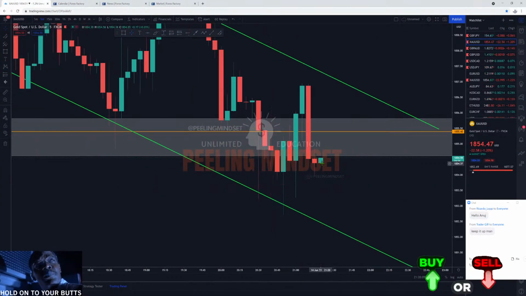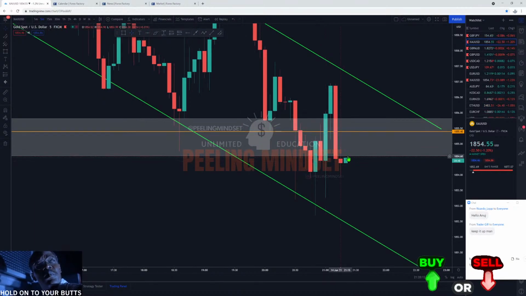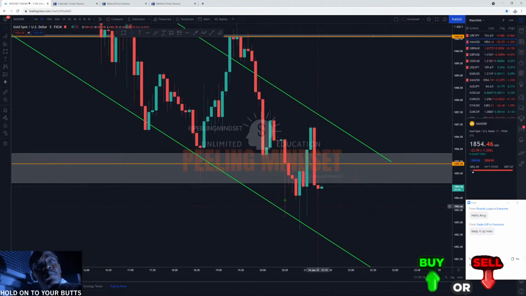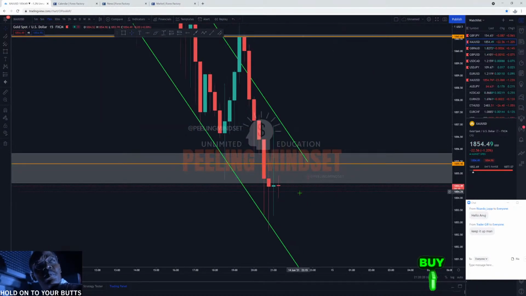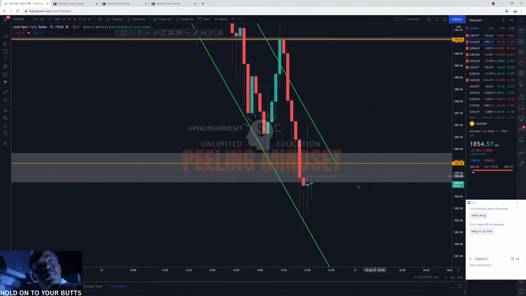All right, so the previous 5-minute candle closed with no wick on the bottom, and the price is just lingering around that area. We're not sure if the price is intending to head down. If it is, I have to wait for the current 15-minute candle to close below the 1855.40 level.